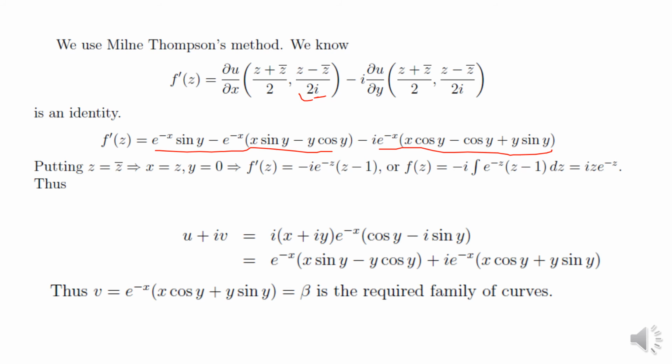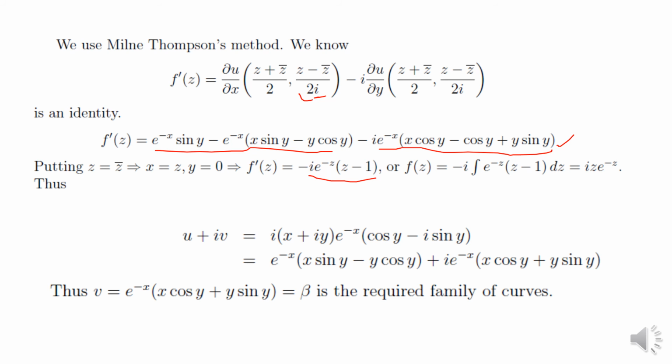Correct. Now we put z equal to z bar. Now we are using Milne Thompson's method, and it gives x equal to z and y equal to 0. When we put x equal to z and y equal to 0 in this expression, it reduces to this. You can write sin y is 0 and cos y is 1.